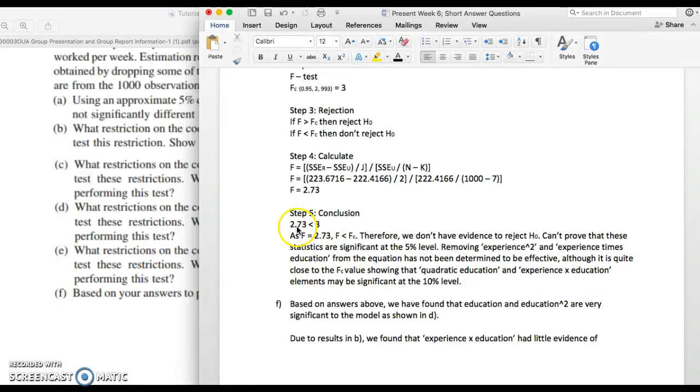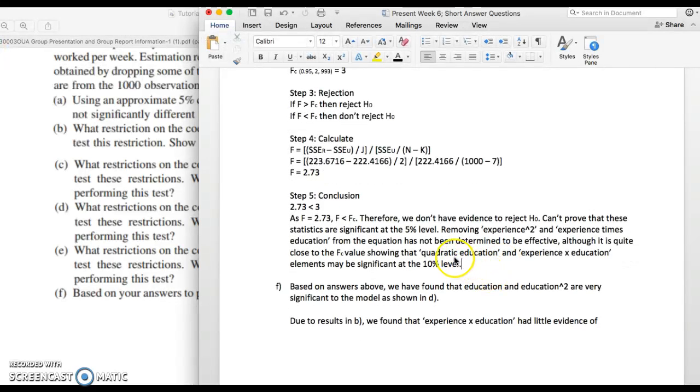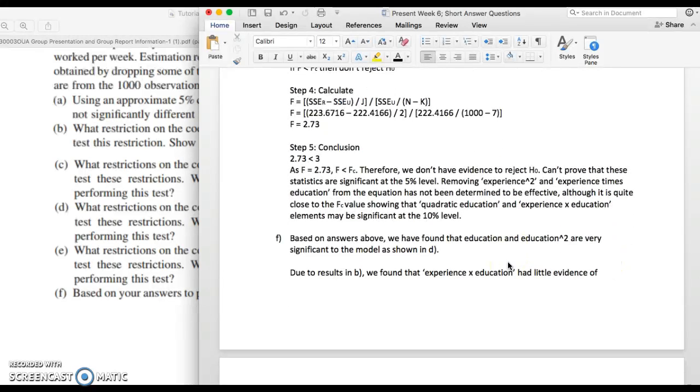Although the f value is quite close to the fc value, it's not over, so we can't reject it. So it's showing us that we don't have sufficient evidence to say that the quadratic element and experience times education aren't related. We may well have that evidence at a higher level of significance.